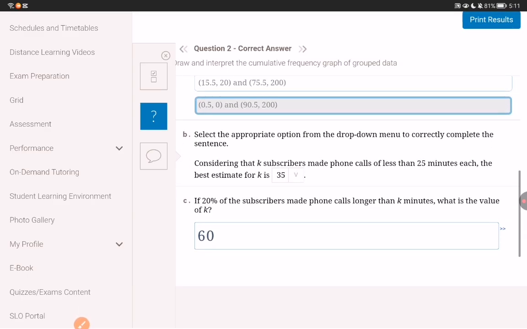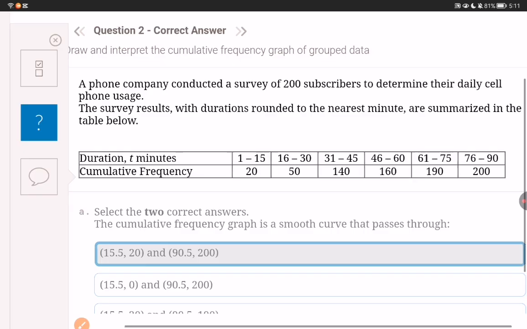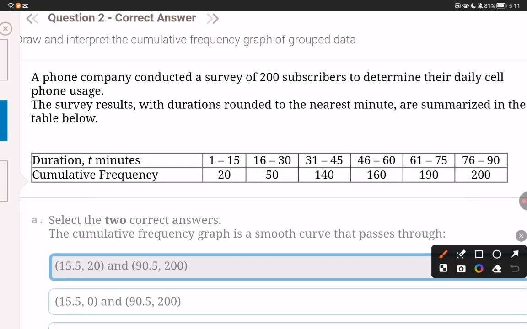Most of the rest of the questions are going to be like this. I think the last question, they actually give you the cumulative frequency graph. So you can do the same thing as the last question in this case, but there's a slight issue. First of all, they didn't give us intervals, but because this is time, obviously they're going to give us intervals.